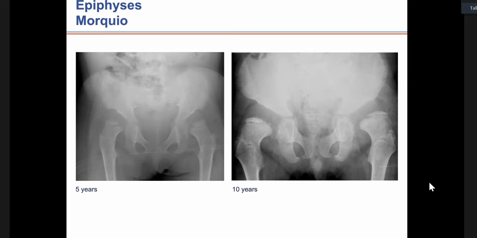Enzyme replacement therapy these days prevents these skeletal abnormalities, but it doesn't reverse them. So if you're giving it by the time the capital femoral epiphyses have collapsed, they're going to remain collapsed. But if you give the enzyme replacement in time, you can stop the collapse from happening. So really important to make a diagnosis early.